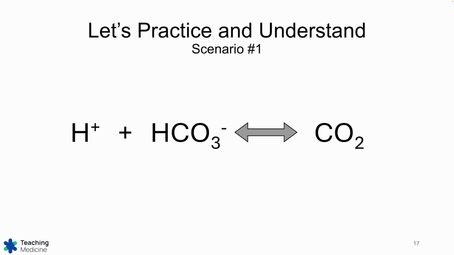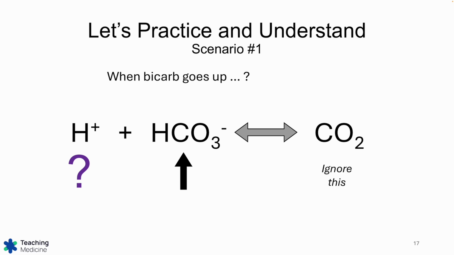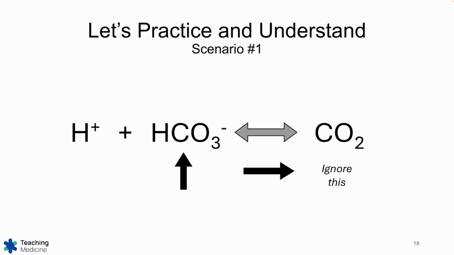So let's practice. This is scenario number 1, and we're going to say the bicarb goes up. The question you're asking is, what happens to the hydrogen ion concentration? You are not asking what happens to the carbon dioxide. If the bicarb goes up, according to the shifting chemistry we talked about, that pushes the equation in the opposite direction, so it's going to shift right.